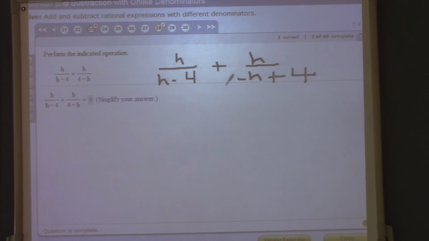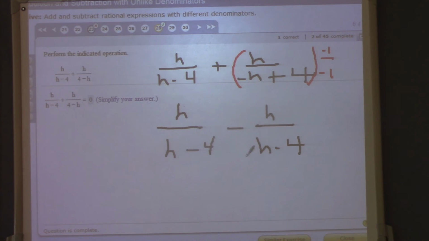Okay, see, these two are very similar, but they're not the same. So to make it the same, I'm going to multiply the second one by -1 over -1, which is 1. You can multiply by -2 over -2 if you wanted to, but it wouldn't make any difference. And then when you do that, you get h over h minus 4 minus h over h minus 4.